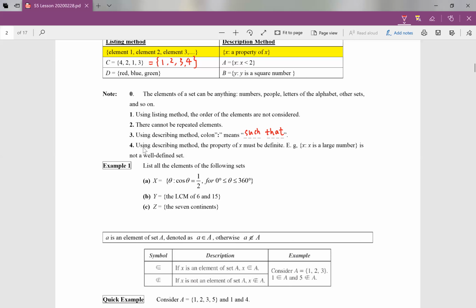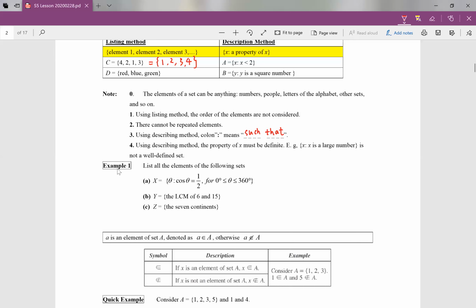Number 4, using description method, the property of x must be definite. For example, {x : x is a large number} is not a well-defined set, because a large number is not definite.